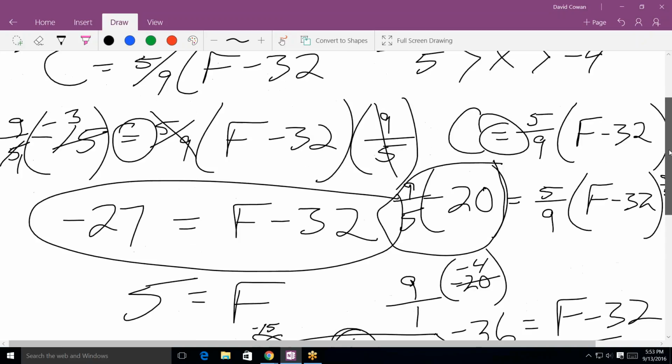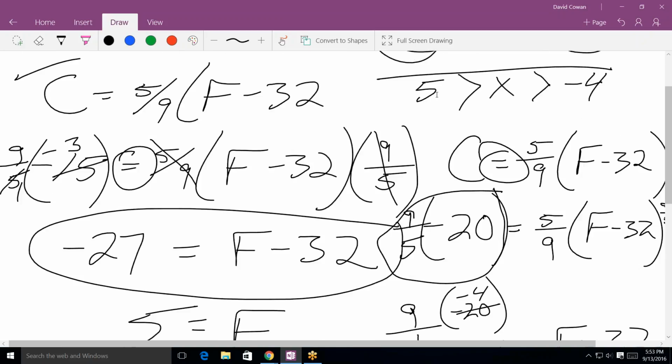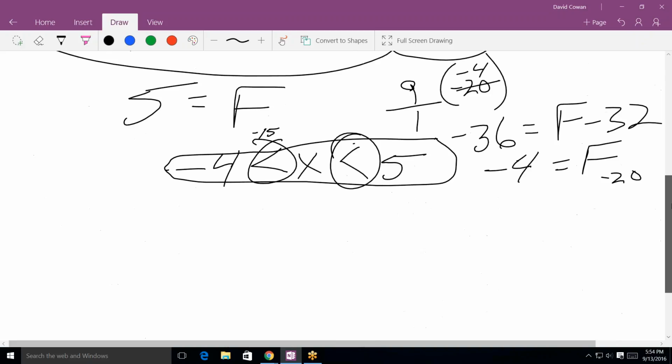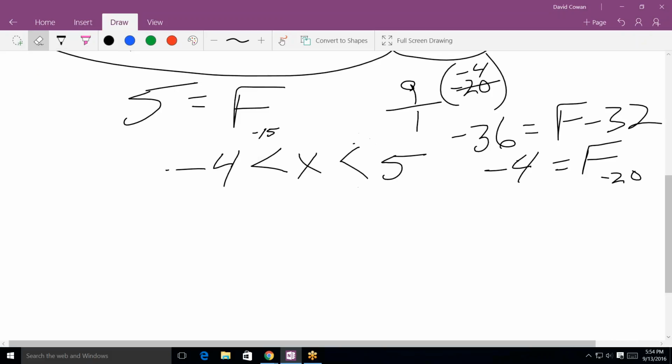Notice that I put the minus 4 on the left and the 5 on the right, and I reversed the signs, but this is the same as what I have circled here. That's exactly the same.